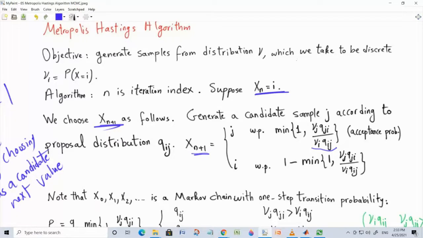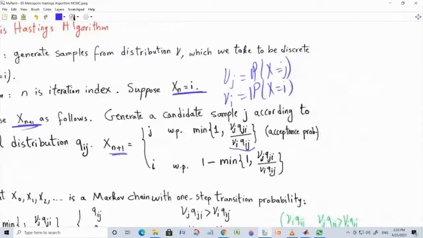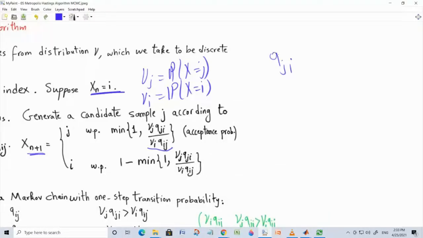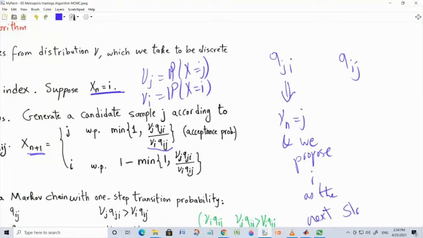So it is mu j. Again, what is mu j? Mu j is the probability that x is equal to j, and mu i is the probability that x is equal to i. And then we have the two proposal distributions, q j i and q i j. What is the difference between these two? In q j i, x of n is equal to j, and we propose i as the next state or next value.